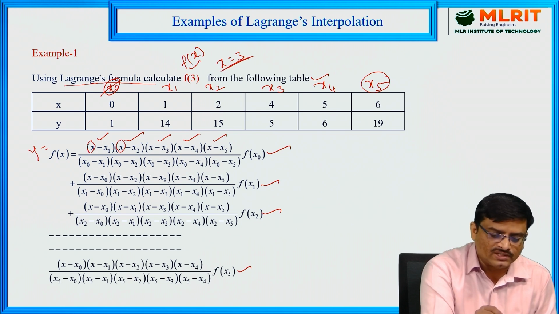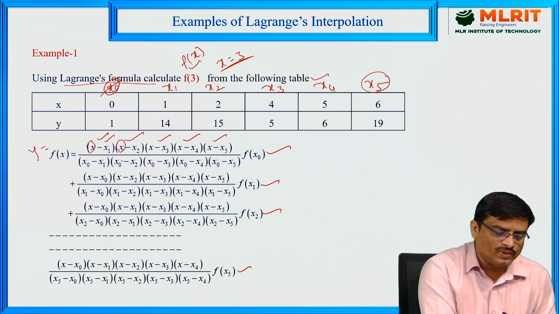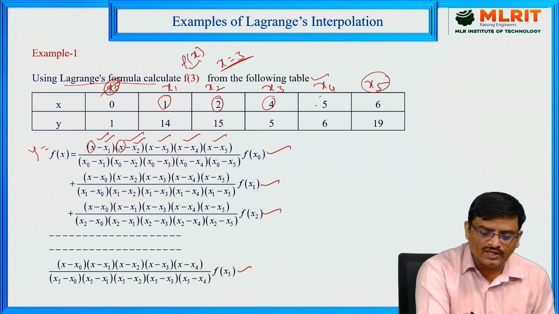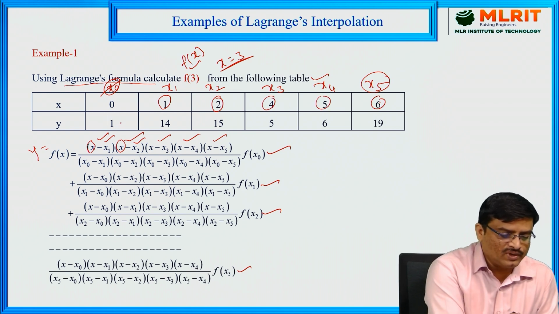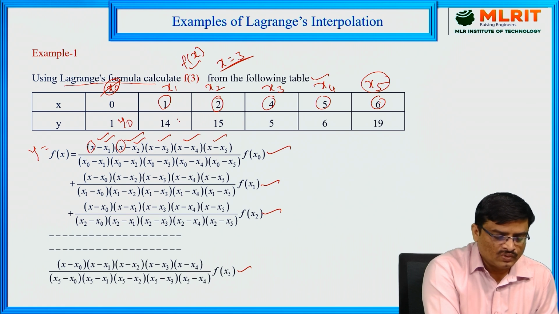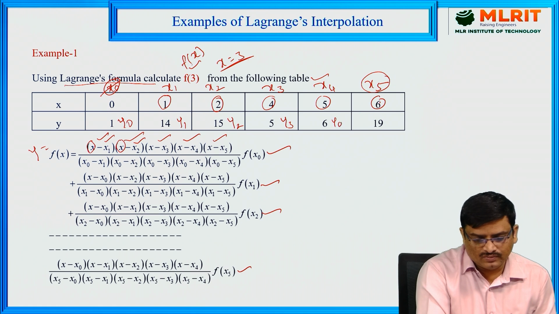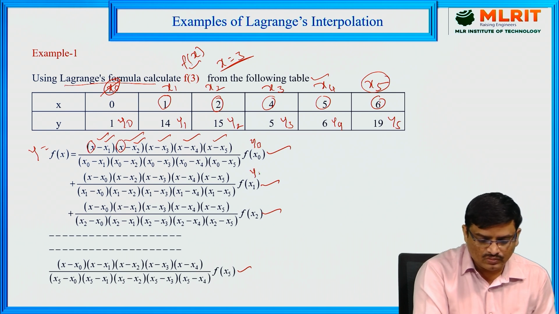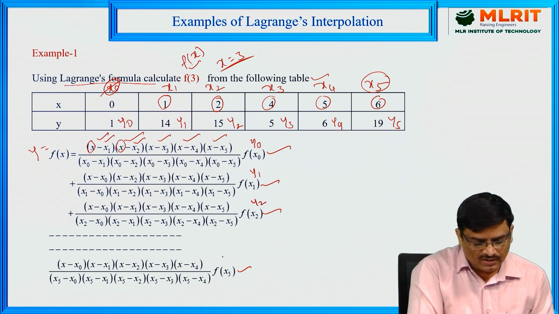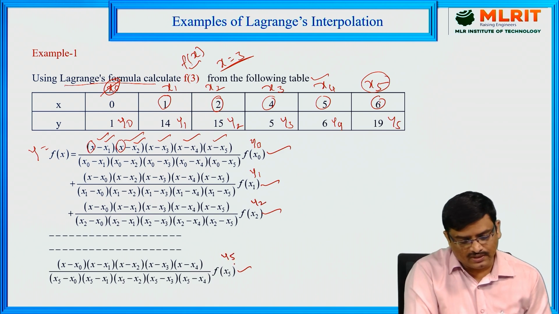Our x value is 3, and whatever values are given in the table, in place of x1 replace that x1 value, in place of x2 replace that x2 value, x3, x4, x5 values, and its corresponding y values are represented with y0, y1, y2, y3, y4, y5. So f of x0 is nothing but y0, f of x1 is y1, f of x2 we can represent with y2, and so on, f of x5 is represented with y5.